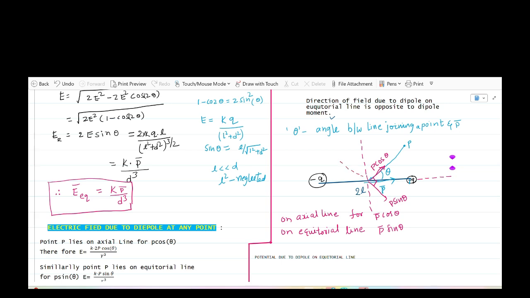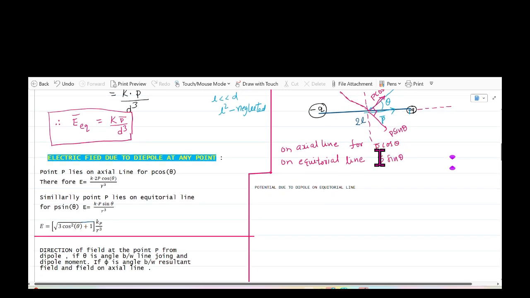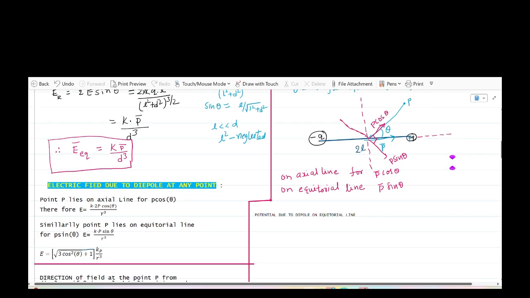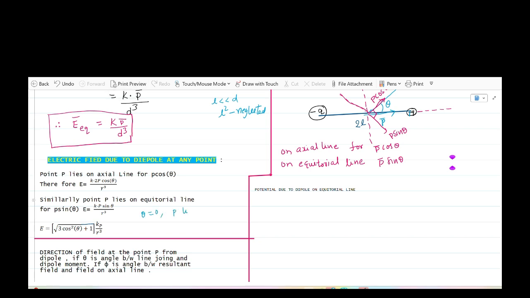Now that point P lies in the equatorial position. If P cos theta is the dipole momentum, then P lies along the axis of P cos theta dipole momentum. Here P is equal to cos theta dipole momentum and the sin theta if you substitute, I have given clearly. So now E at any point you will get this. So here you can substitute theta is equal to 0, that means P lies on the axial line.